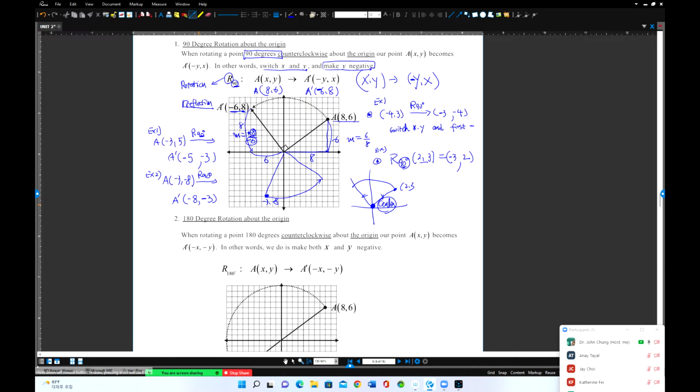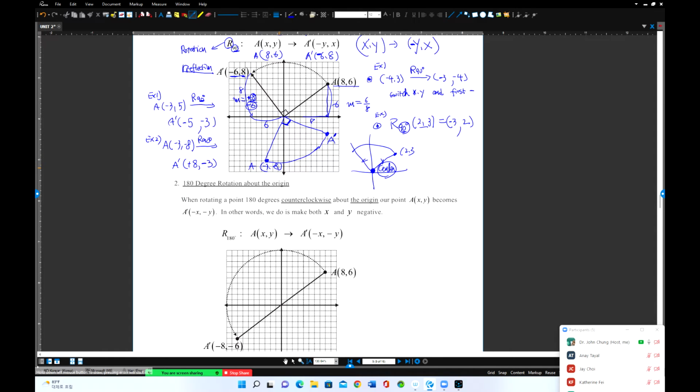We switched, but we need one more rule: put one more negative sign on the first number. Negative becomes positive, so that's going to be (8, -3). Is that the same distance? Okay, this is correct. This is A prime, 90 degrees. We finished the first row.